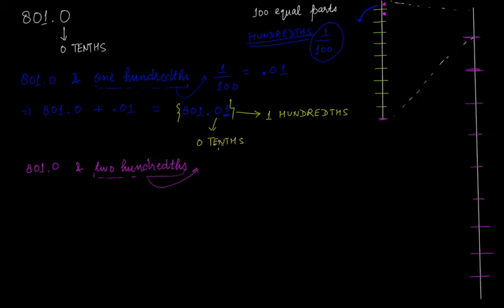What fraction does it cover? It covers 2 over 100. If you divide 2 by 100, this will be 0.02. That means if you add 801.0 plus 0.02, this will be 801.02. What does it mean? It means that now you have 0 tenths, but you have 2/100ths.